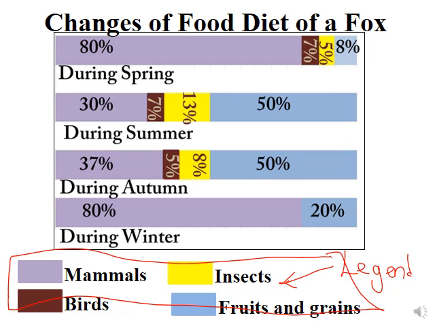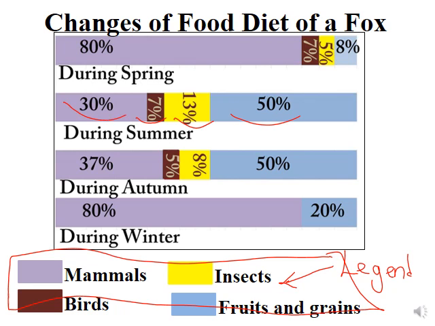As you see here, during spring, 80% of the food consumed by the fox represents mammals, while during summer, 50% is fruits and grains, 13% insects, 7% birds, and 30% mammals.